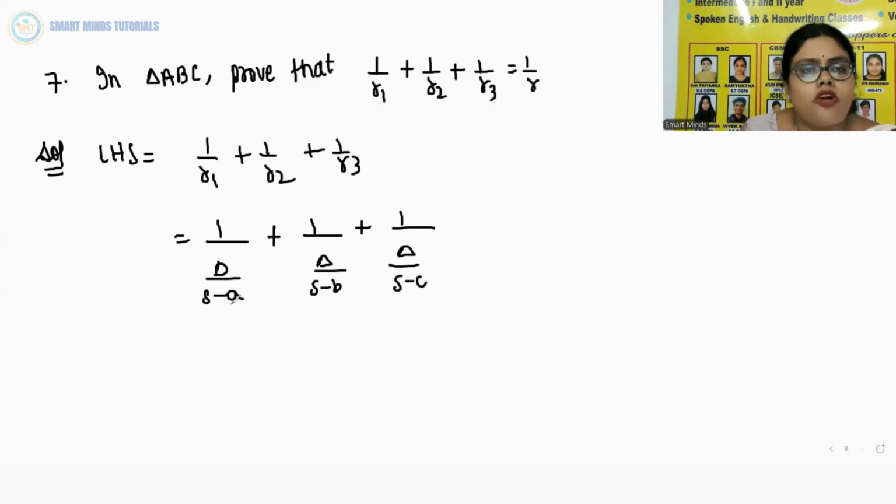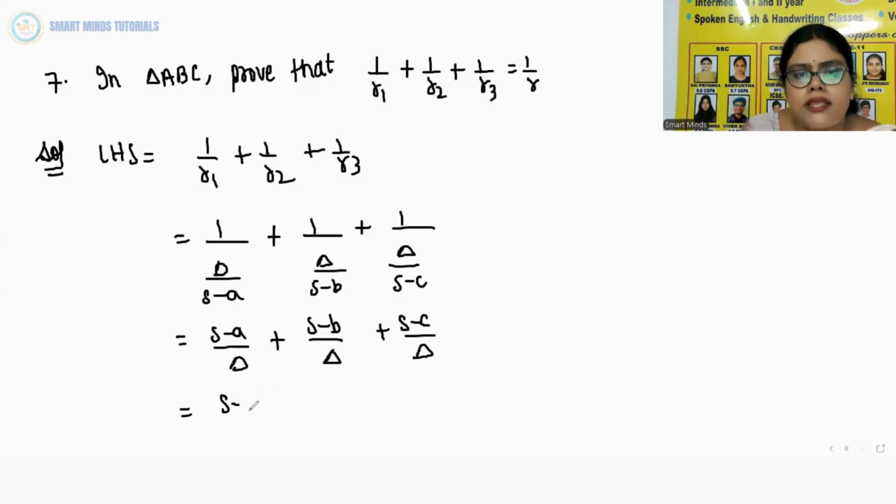If I take this denominator to the numerator, it will become reciprocal. So it will become s minus a by delta plus s minus b by delta plus s minus c by delta. All the denominators are same, so we can add the numerators. s minus a plus s minus b plus s minus c by delta. s plus s plus s is 3s.